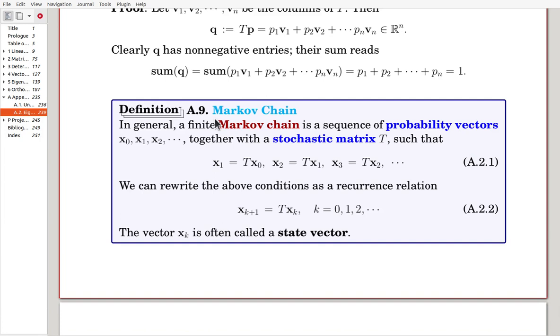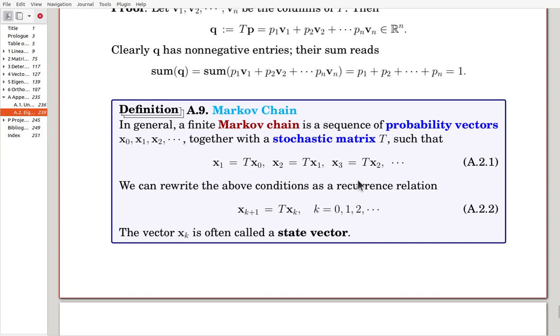A finite Markov chain is a sequence of probability vectors together with a stochastic matrix T such that x1 is Tx0, x2 is Tx1, and so on. Once we start with a probability vector, then x1 must be again a probability vector, and so are x2, x3, and every later vector.